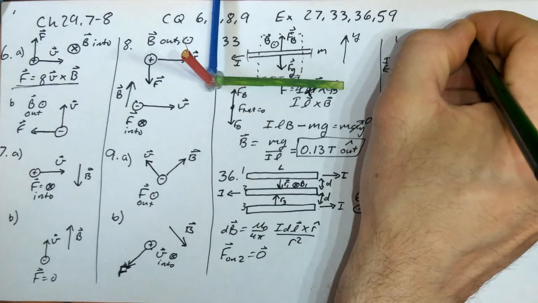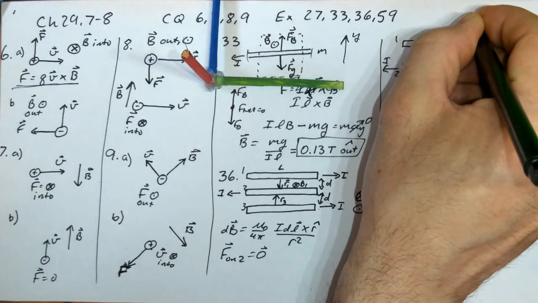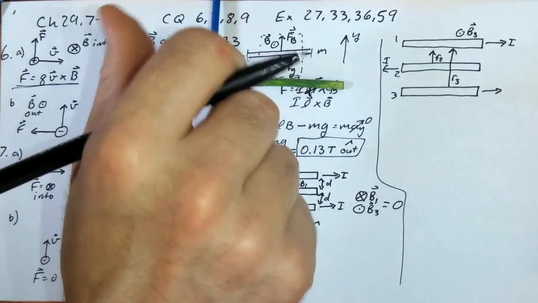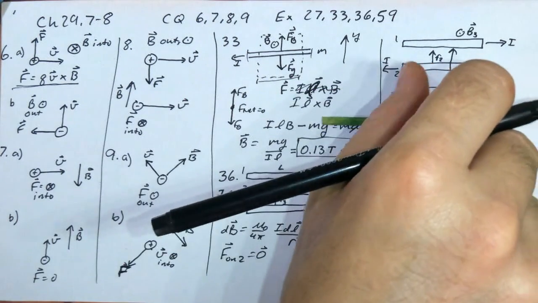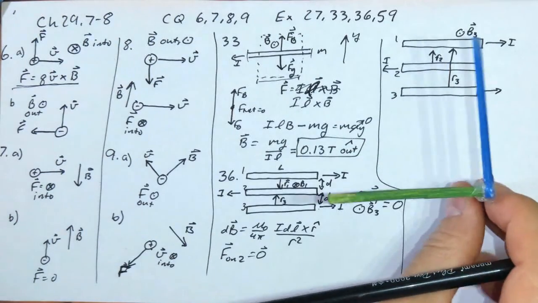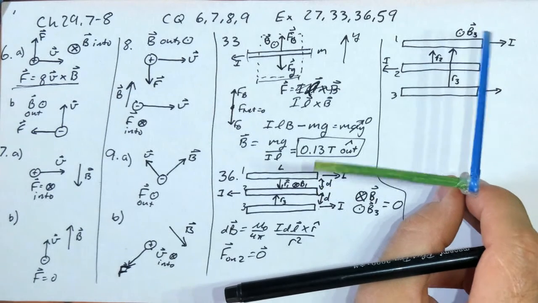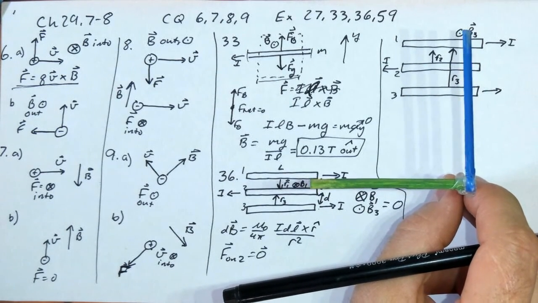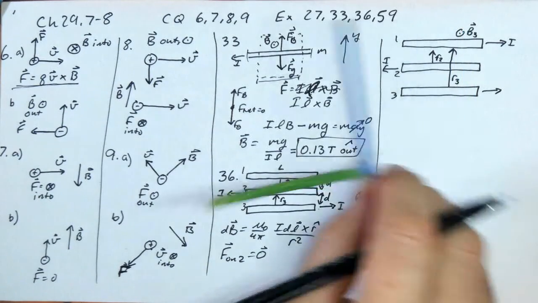So we get a dot, and that's B3. Now, in the case of wire 2, current's flowing to the left. R is still out of the page, or upward, which means the B field from I2 is into the page.